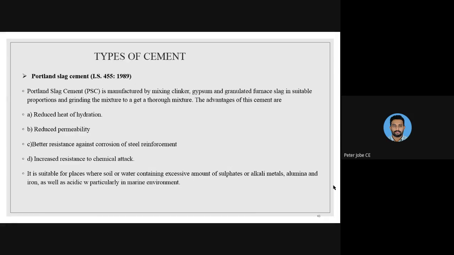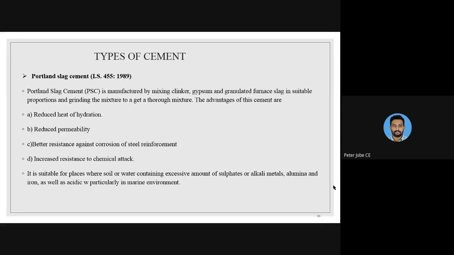So many times, they won't get the water cement ratio correct. Sometimes the water cement ratio might be increased, or might be decreased. Most of the time they won't get the correct water cement ratio. Why? Because they are not experienced with the properties of Portland slag cement.